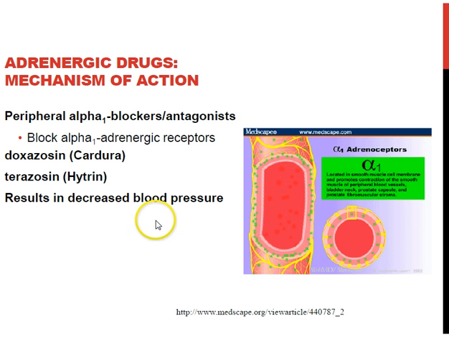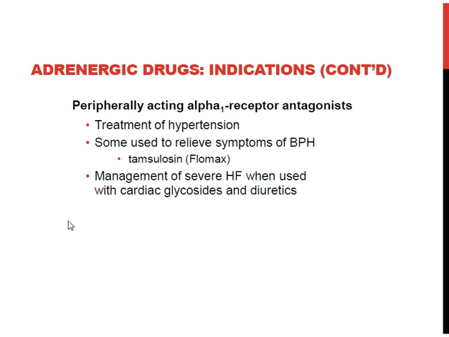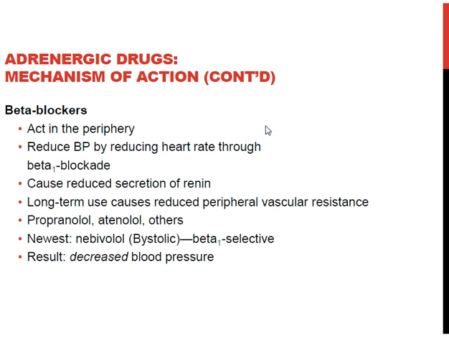This blocks the alpha receptor, and that is doxazosin and terazosin. And these result in decreased blood pressure. Why do we use these? Obviously to treat hypertension. There are other reasons too, but I won't go into the detail. We just need to know that we use these to treat hypertension.